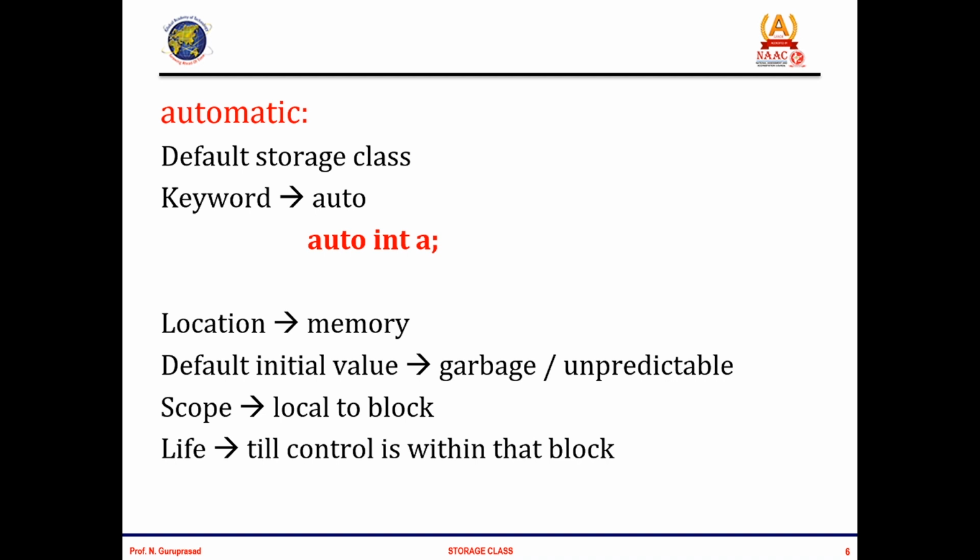And the moment we say that automatic is a default storage class, I can as well remove the keyword auto. And what is left is int a. And that int a is nothing but it belongs to the automatic type of storage class. What I'm trying to say is int a is nothing but auto int a. That is the meaning of default storage class, right?